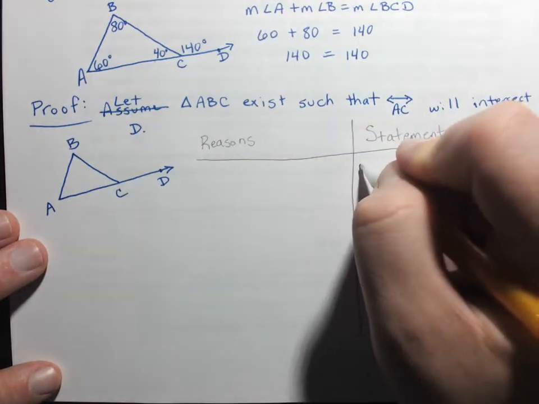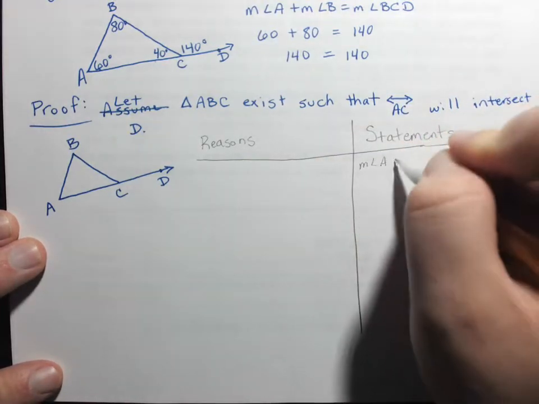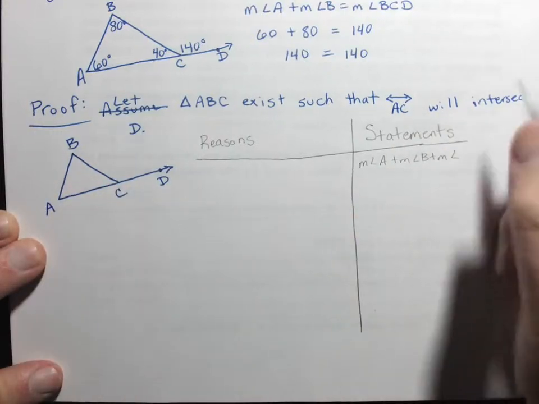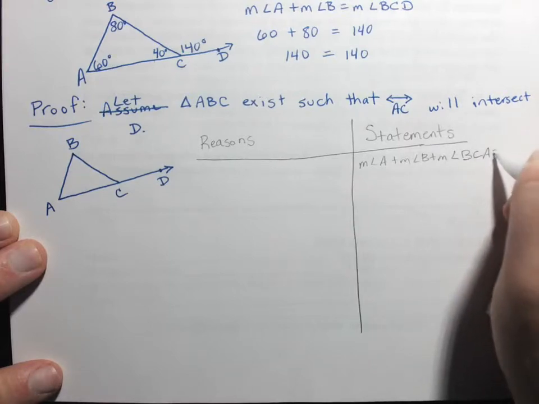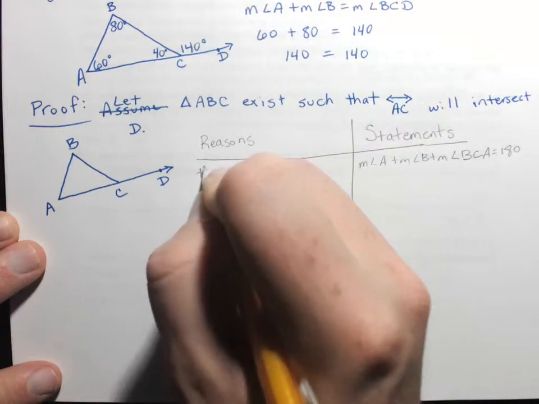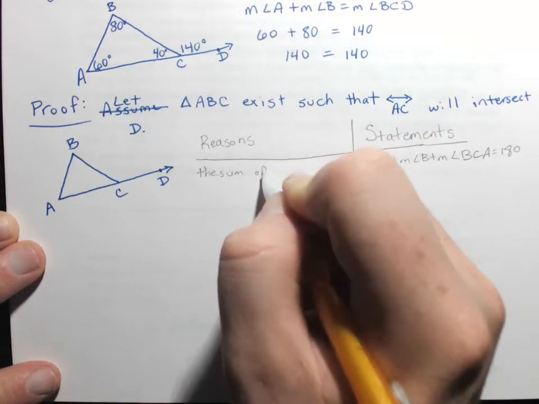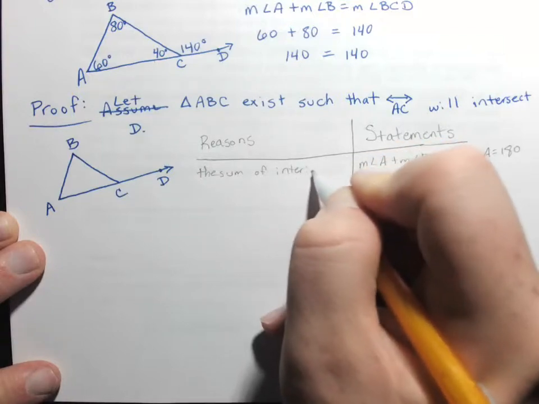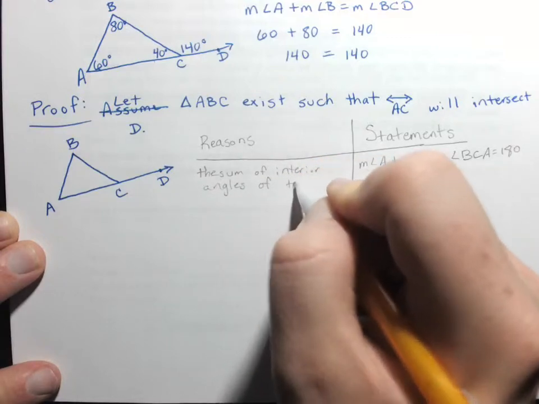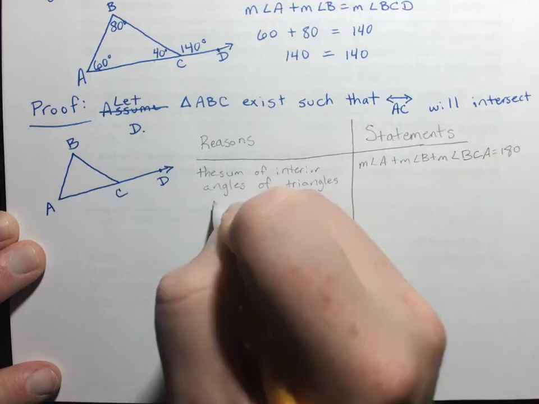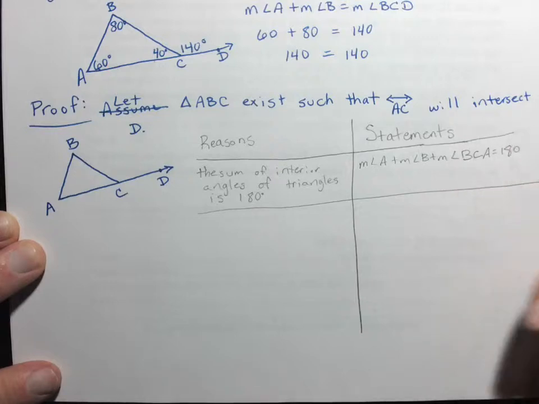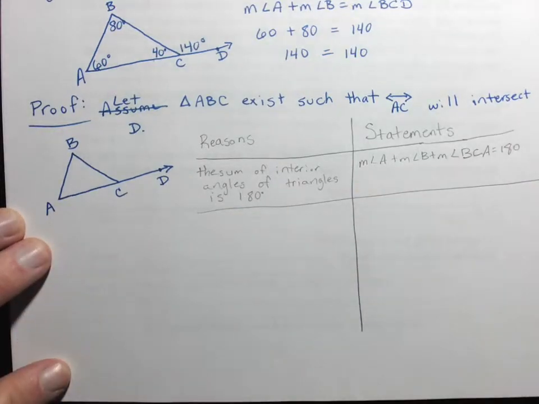So let's start by saying the measure of angle A plus the measure of angle B plus the measure of angle BCA equals 180, and that's because the sum of interior angles of triangles is 180 degrees. So that enables us to say that these three added together does equal 180.